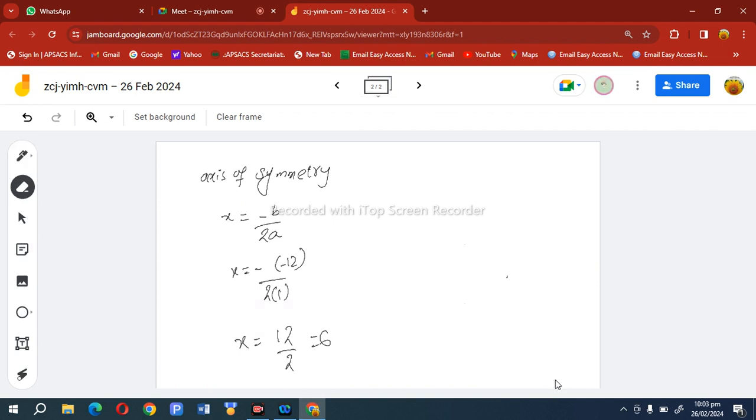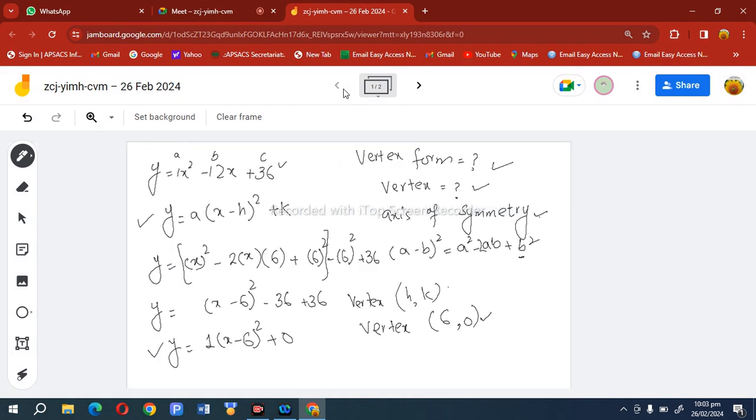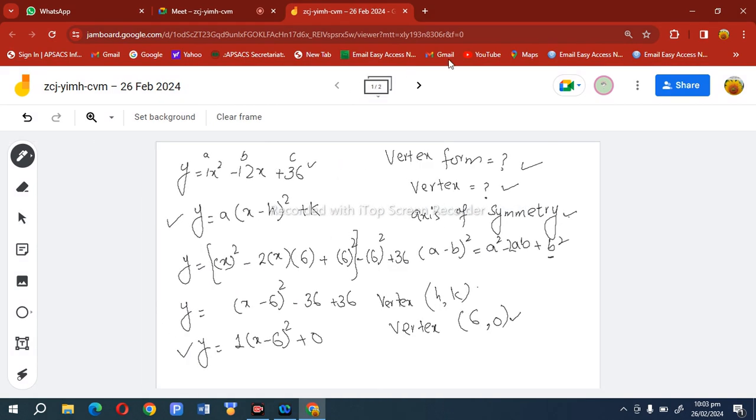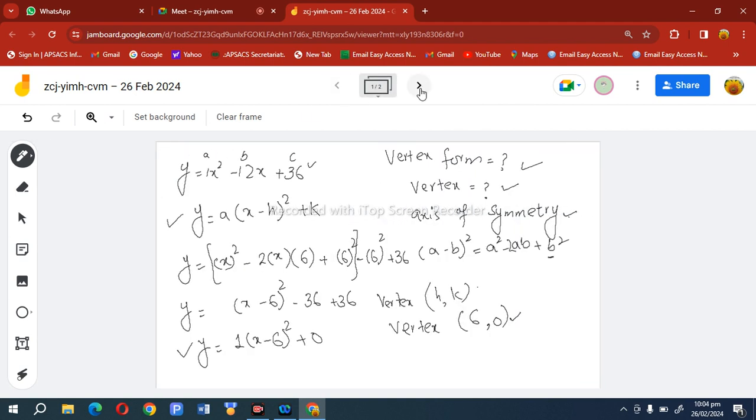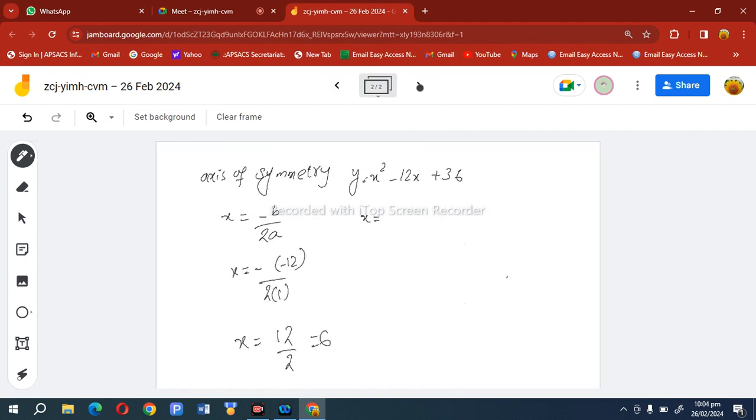Okay, to draw the graph, we need the x-intercepts. We have found the axis of symmetry. Now we need to find the x-intercept. You can see the equation, x squared minus 12x plus 36. Here you can find the x-intercepts by using the quadratic formula: x is equal to minus b plus or minus the square root of b squared minus 4ac, over 2a.